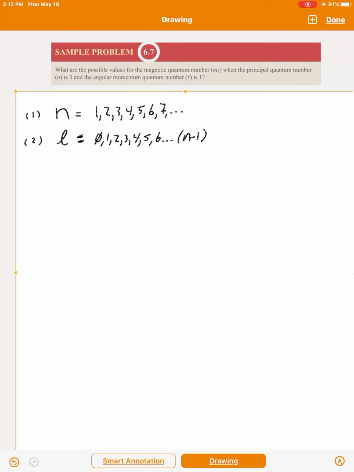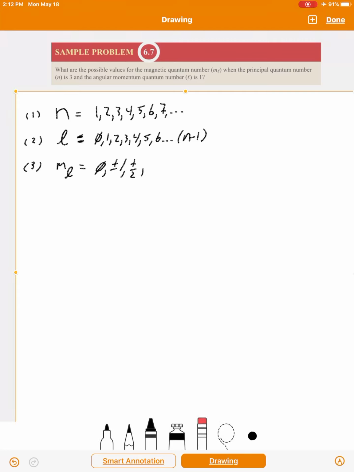And then the third one is the magnetic quantum number, m sub l, and that one is 0, plus or minus 1, plus or minus 2. Oops, boy, I didn't write that well, did I? Turned it into a fraction.